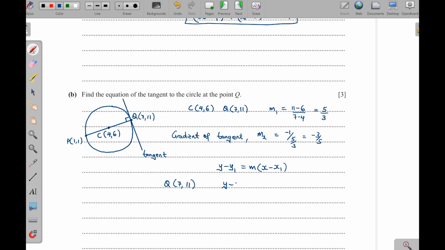So we have y minus 11 is equal to -3/5 times (x minus 7). So if you want, you can put it in which format?